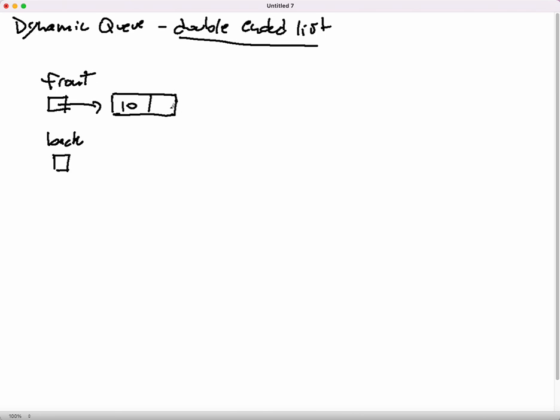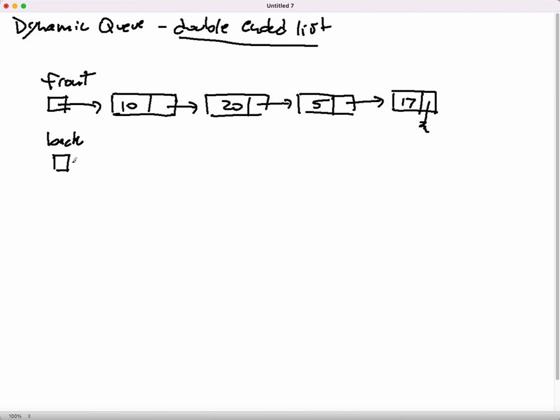So maybe there's a 10 here, a 20, a 5, 17, and then this would point at the back of the list.